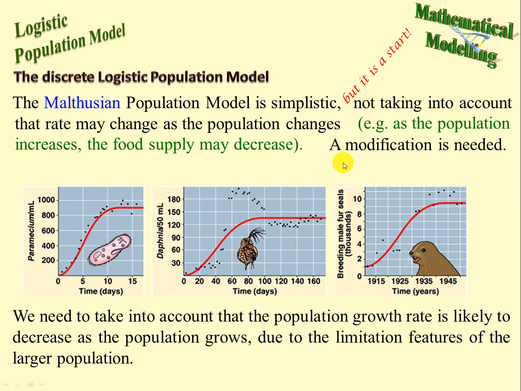Now, if you consider these three populations here, you'll see that they start off just the same as a Malthusian type of population, but then they seem to level off and flatten out. We need to take into account that population growth rate is likely to decrease as population grows. Not the population number is likely to decrease, but the growth rate is likely to decrease due to the limitation features of the larger population.